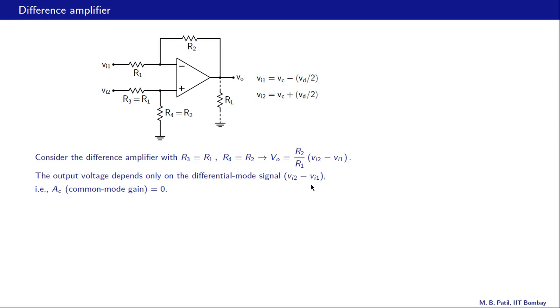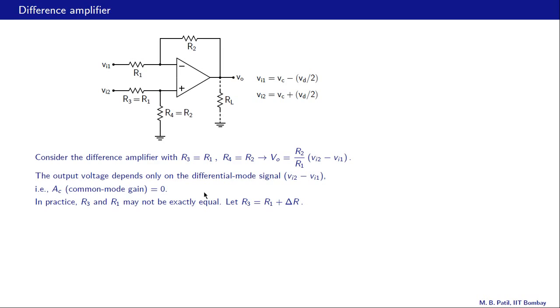In other words, the common mode gain is exactly 0. There is no contribution of the common mode input signal here. That is the ideal world.